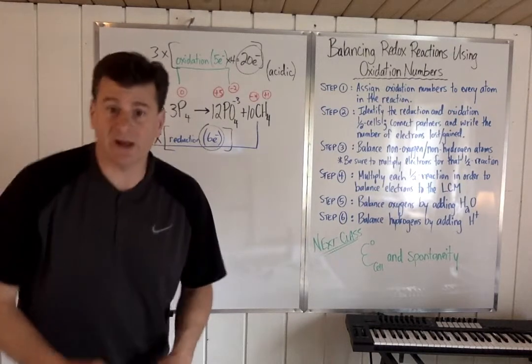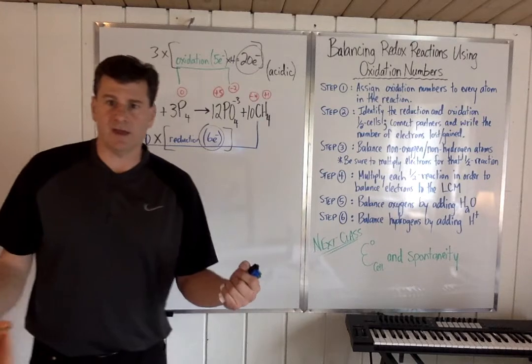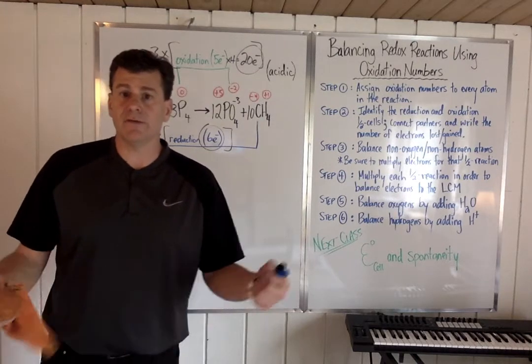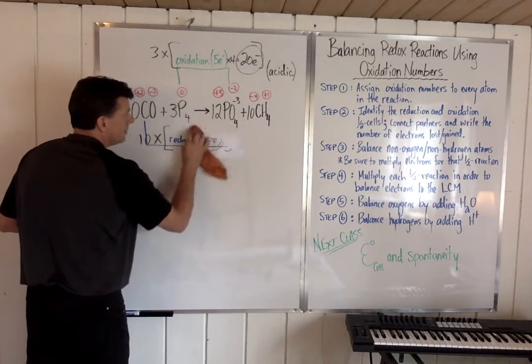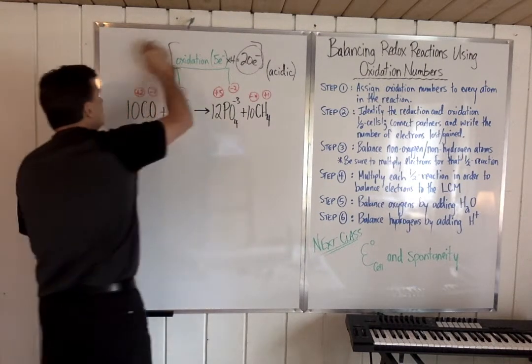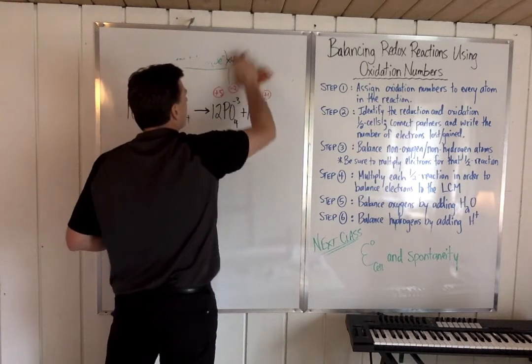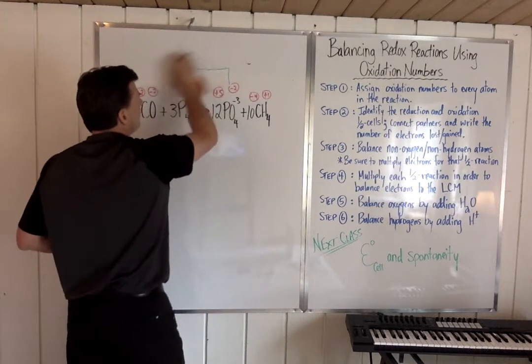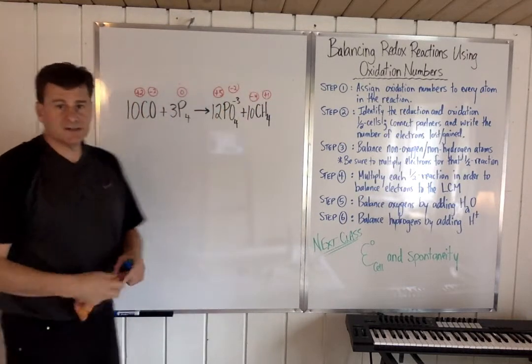So essentially what I can do, if you want, is you can erase everything at this point, other than what you've put in as coefficients. So really, I can now get rid of that. I can get rid of this. And I can get rid of the oxidation numbers.